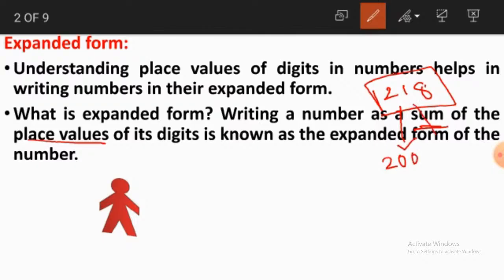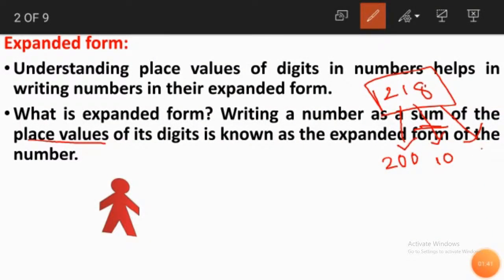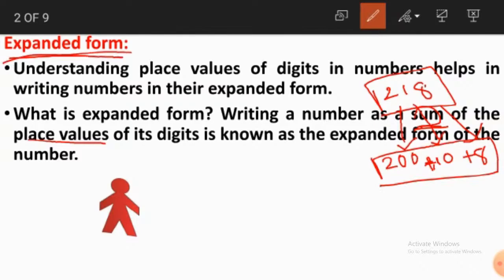Then what is the place value of 1? 10. And what is the place value of 8? 8. What we should do? We should write as a sum. What does sum mean? Addition. Simply add these place values. This will give us the expanded form of the number.